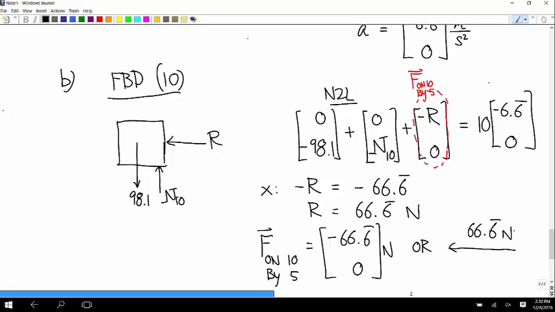Any questions about that? Yes. Well, the way to think about it is, you know that this is a pushing contact, and so you know that that force has to be acting toward the body.